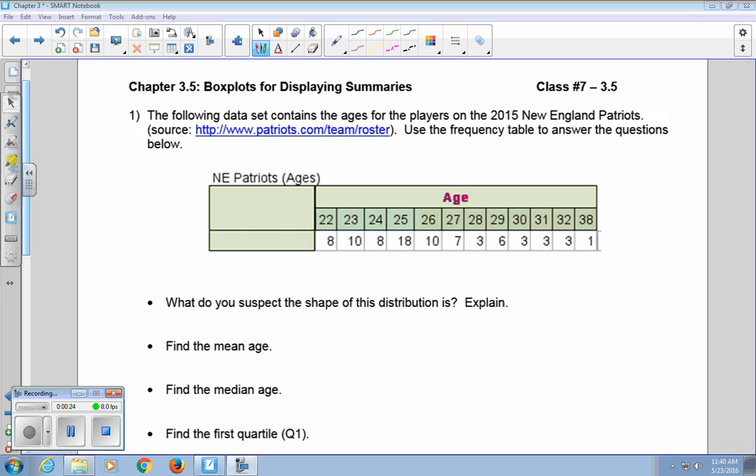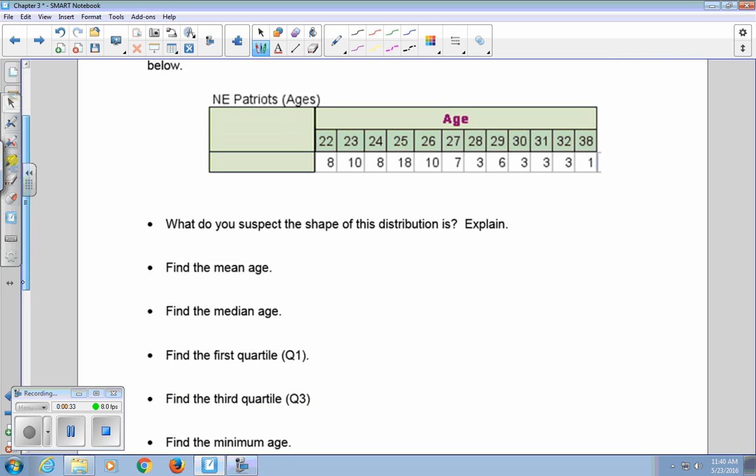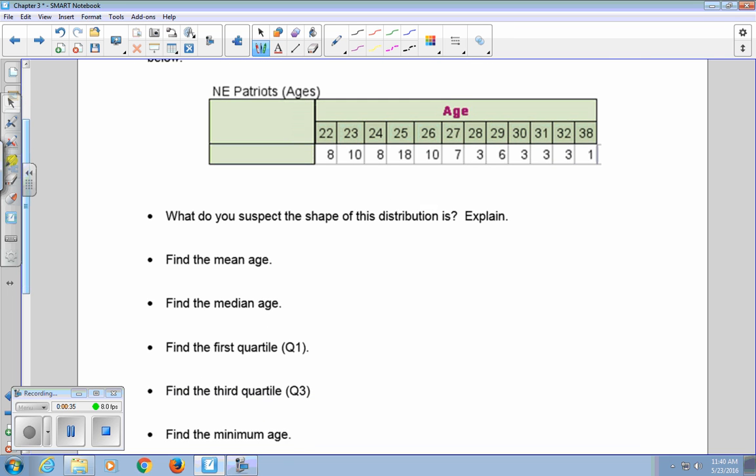So we have a frequency table below, and we are going to look at what this means and how we can figure out some of our summary statistics. If you can see along here, in this row, we're given different ages, like 22 years old, 23 years old, all the way up to 38 years old.